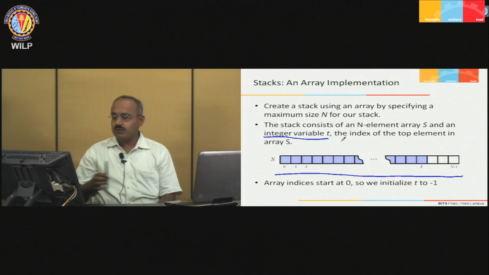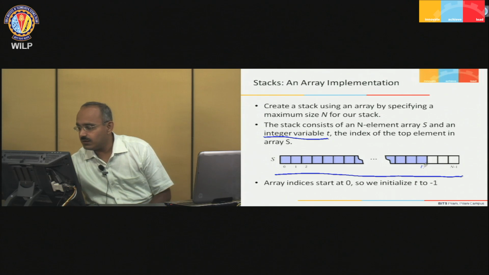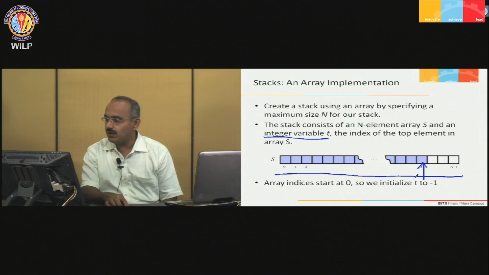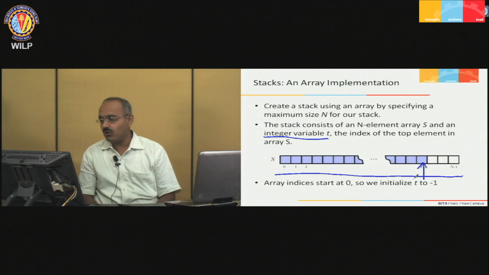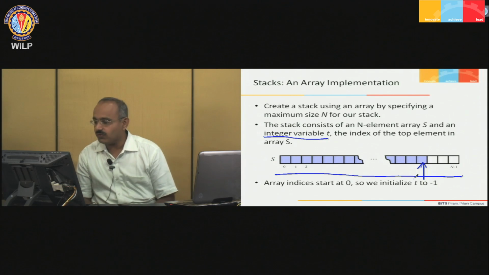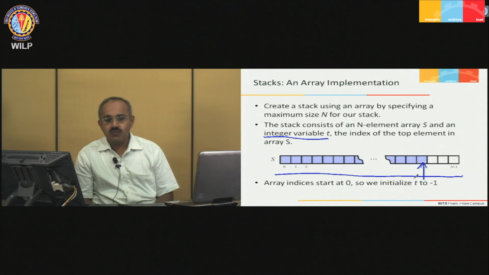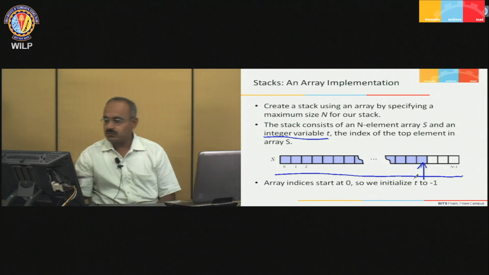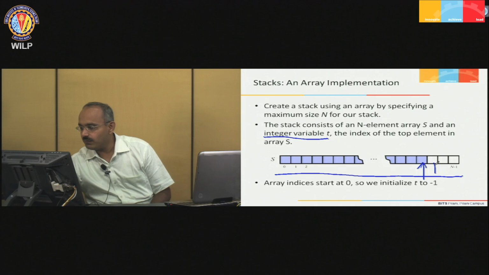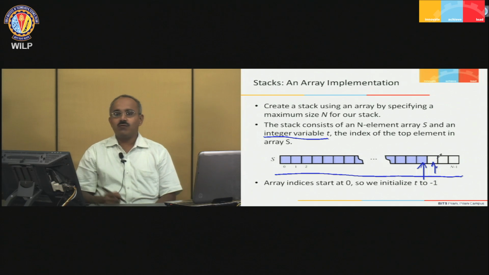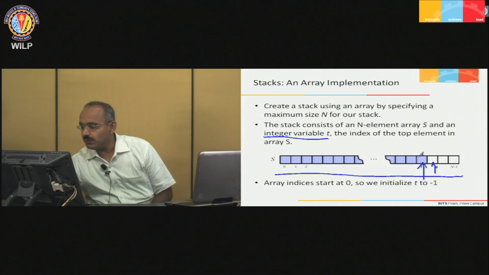If I look at the picture here, the last element inserted is here, and so the top is marking that particular index. That tells us that if you want to add elements, they have to be added here, and if you want to pop an element, this element has to be popped.